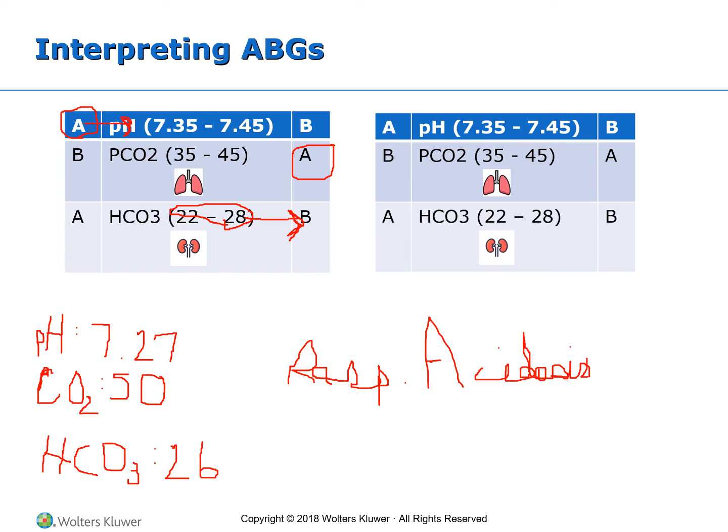Because you don't see it over in this area, your body hasn't started to compensate yet. If your body has fully compensated, your pH will actually be here in the normal, but your other two will be abnormal.